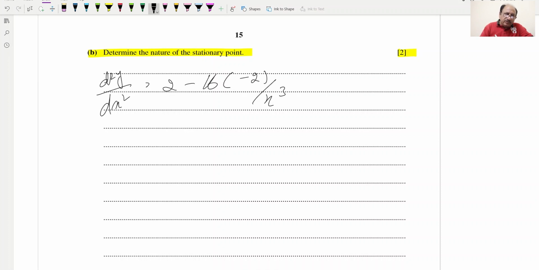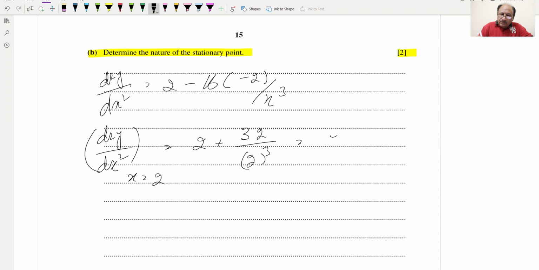The second order derivative at x is equal to 2 will be 2 minus minus plus, so it will be 32 over 2 raised to the power 3, and this will be 2 plus 4, so this is equal to 6, and greater than 0, so it will be a minimum.